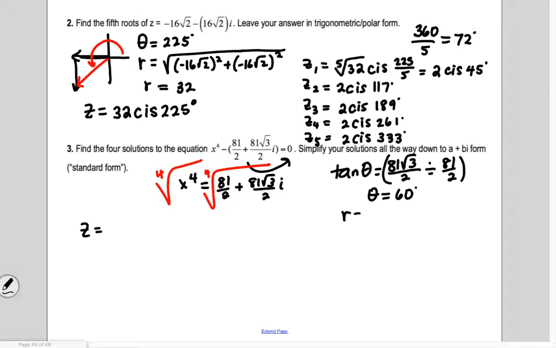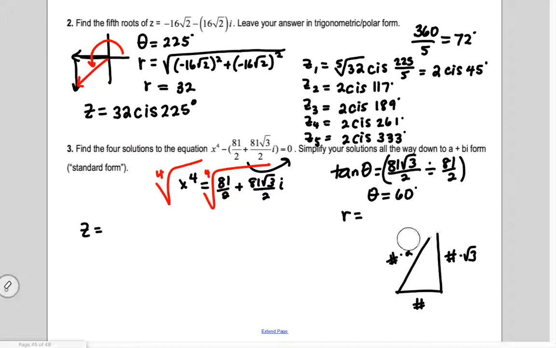All right, and then our r. Remember how we were just talking about 30, 60, 90 triangles? If I have my number and I have my number multiplied by root 3, this is going to be my number multiplied by 2. So I'm going to have 81 over 2 multiplied by 2. It's going to be 81.